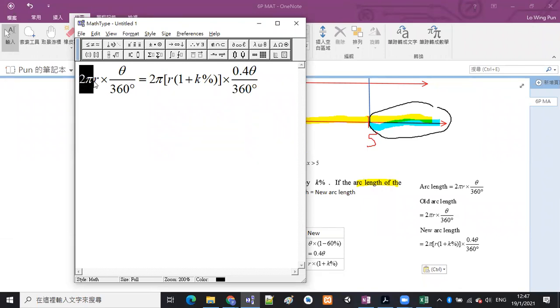pi，係咪兩邊都有 2 pi 呢一個 factor？咁就可以約走 2 pi。即係 r times theta over 360度係等於 r times 1 plus k percent times 0.4 theta over 360 degrees.